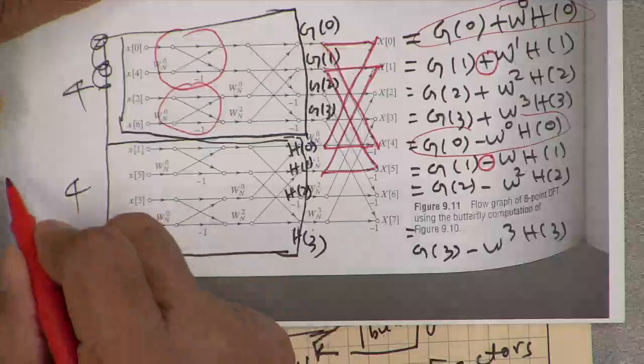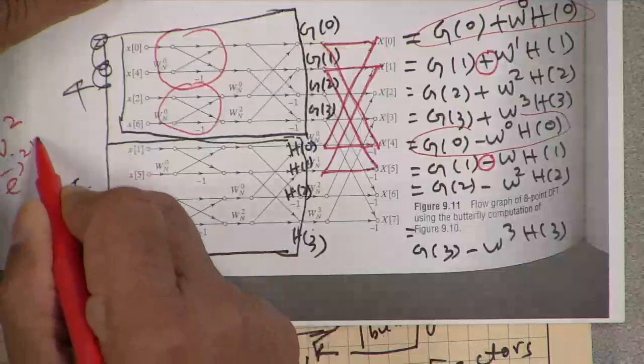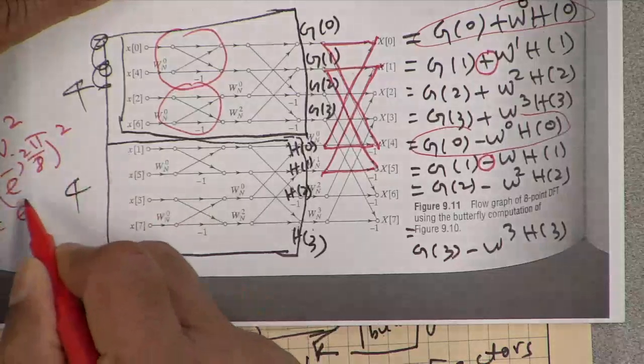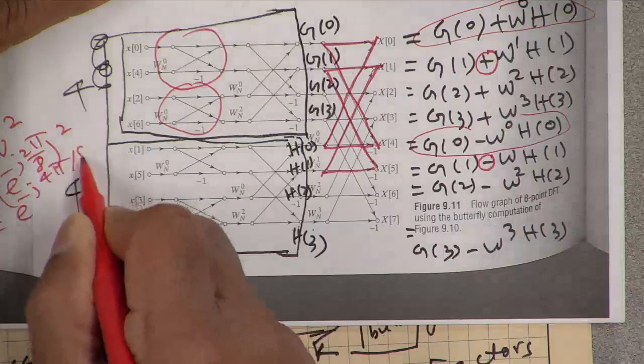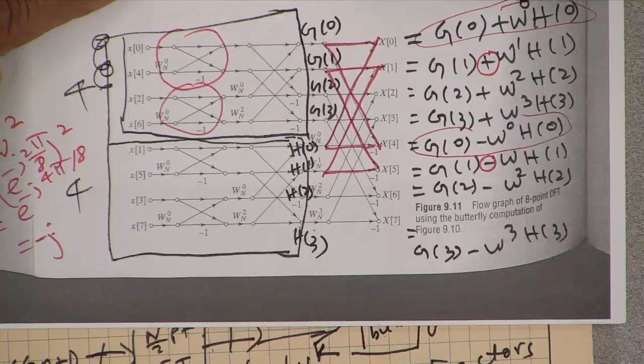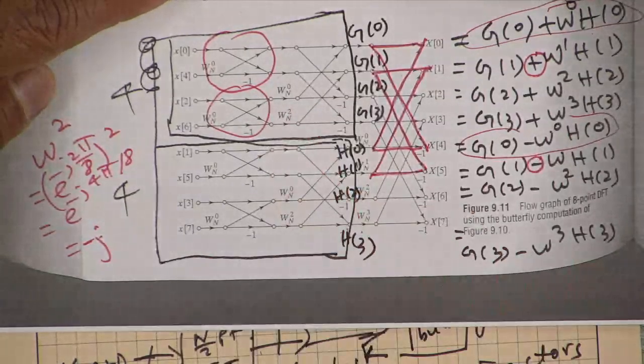So if you indeed compute W squared in this example, e to the power minus j 2 pi by 8 whole squared, that's going to be e to the power minus j 4 pi by 8, which is minus j. That's e to the power minus j pi by 2, which is minus j. So that's why it's shown as W squared.